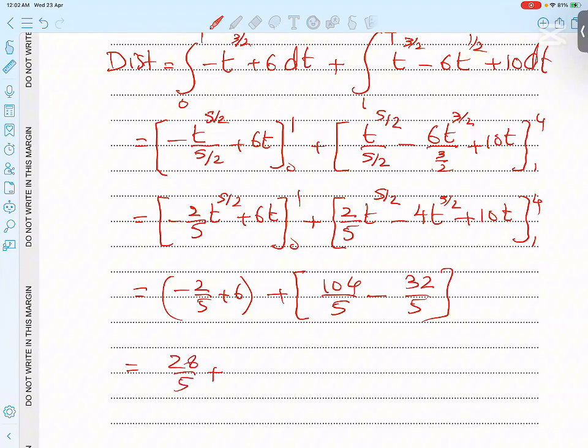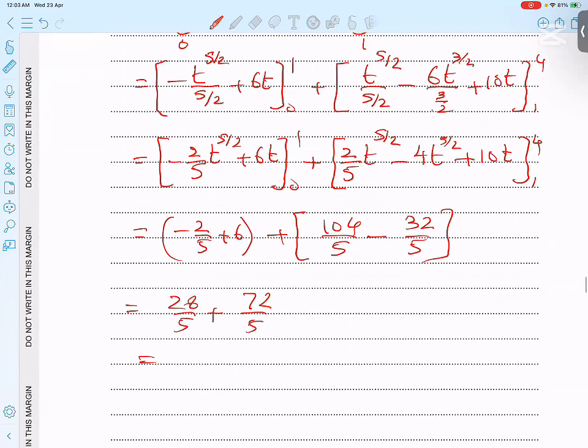And what about this 104? 104 divided by 5 minus 32 divided by 5, I got 72 over 5. And 28 plus 72, if I check it, I got 100, and 100 by 5, I got 20 meters, because we're looking for the distance. So Alhamdulillah Rabbil Alameen. I hope the concept is very clear.